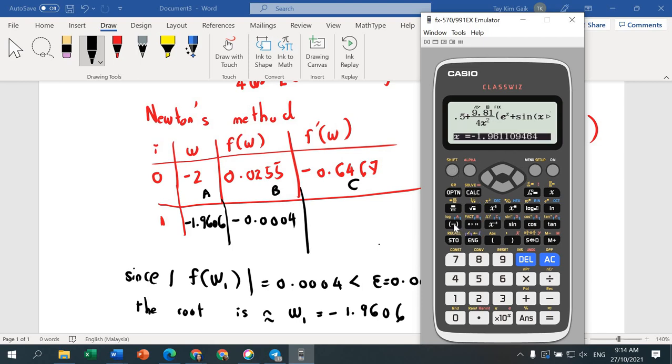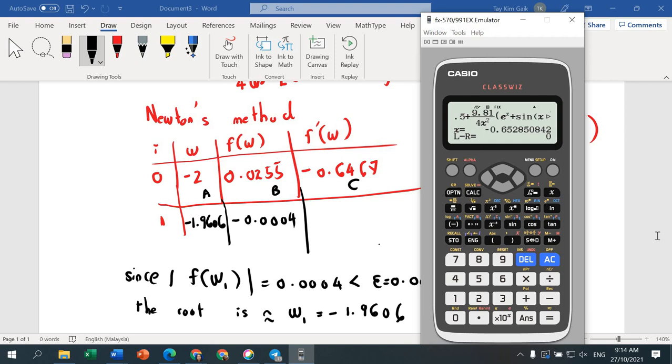If I put, let's say, negative 1. So far, we got 2 roots. Another one. I put negative 1, I got another root.